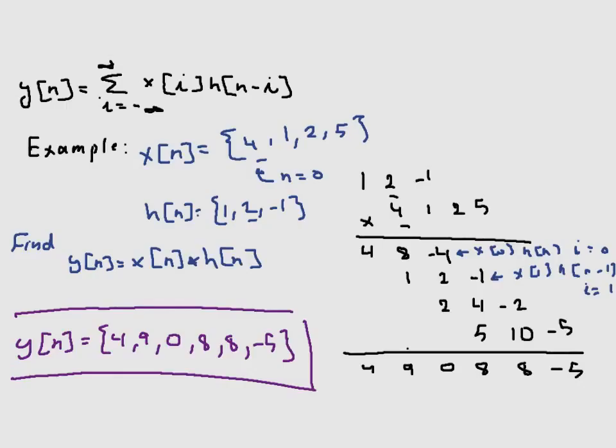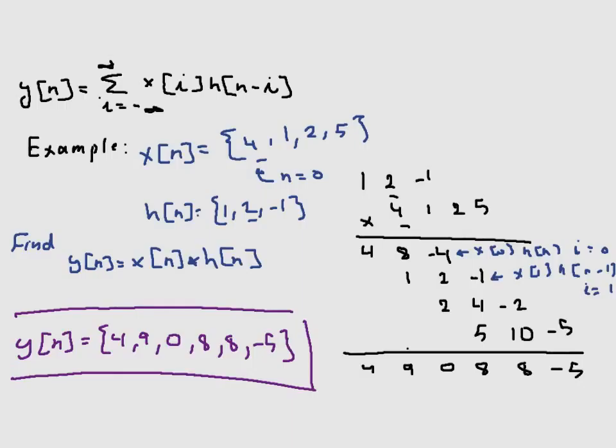That's why we have the shift going here. We need to have the shifted impulse response, and now we do the same thing with the rest. According to the convolution sum, we need to add all these together, and after we add these together we have 4, 9, 0, 8, 8, minus 4.